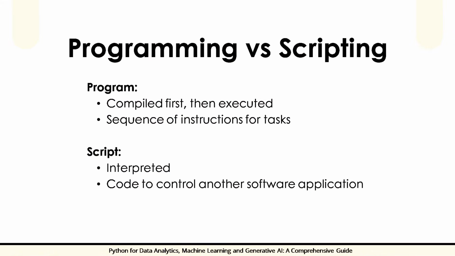Now let's see about programming versus scripting. Let's now see the difference between programming and scripting. A program is compiled first and then executed, meaning the entire set of instructions is translated into machine code before it runs. It usually follows a structured sequence of steps to complete a task. Programming is like following a 10-step recipe you wrote and tested before cooking.